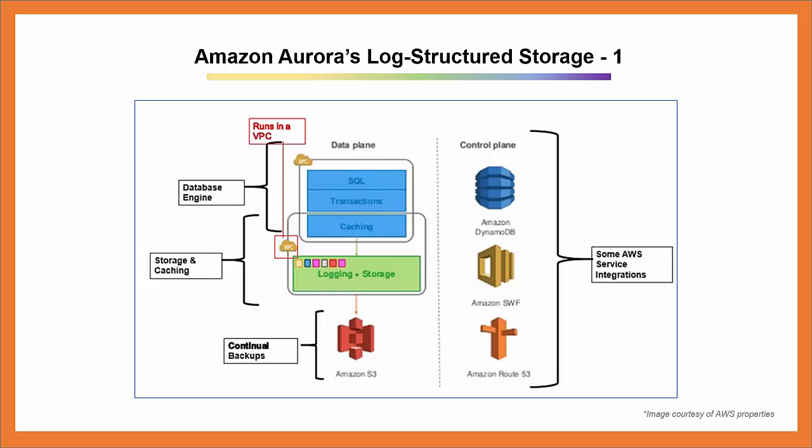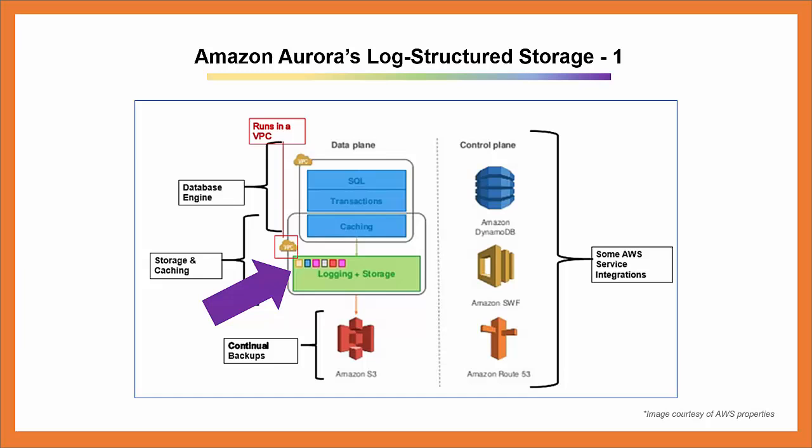This pivotal architectural change moved the logging and storage layer out of the database process and created a multi-tenant, scale-out, database-optimized storage service. The storage layer is now a service, similar to how Elastic Block Storage used by Amazon EC2 is a service. It lives outside the process and is a service-oriented architecture for accessing storage.